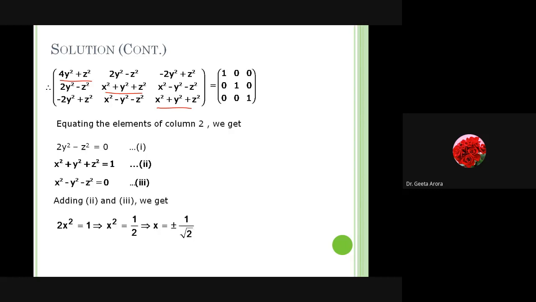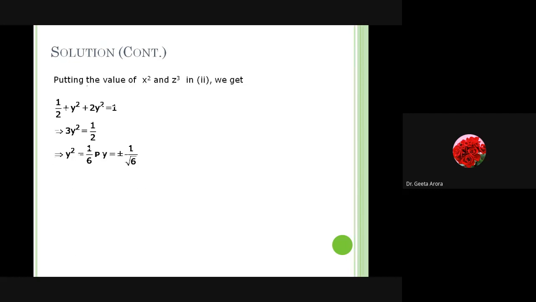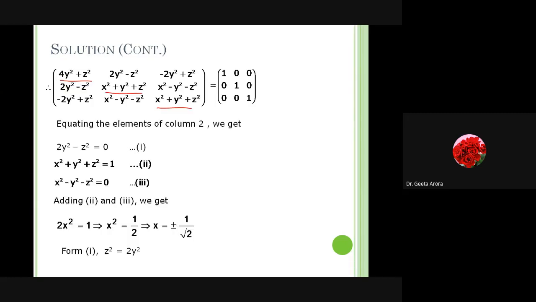Then on solving it, we are getting the values of x, y, and z. So here the solution is given in front of you, but be sure to do it by yourself. The only thing you have to do is see which values give us the output, either 0 or 1, and find out what result comes if we solve the two equations, whether we are getting x, y, z or not.